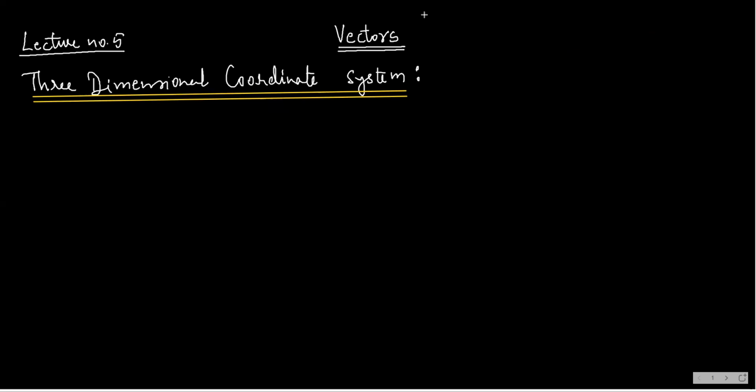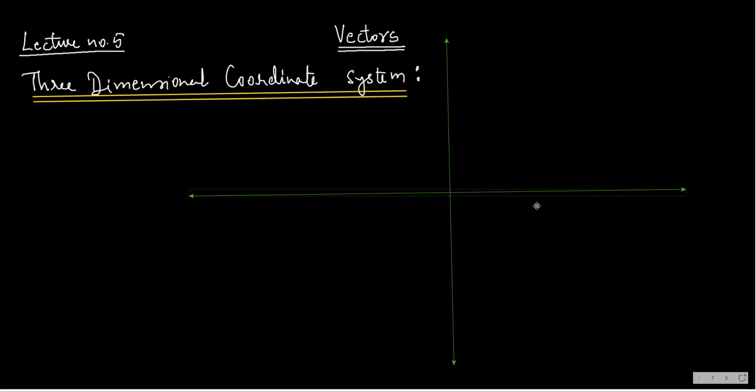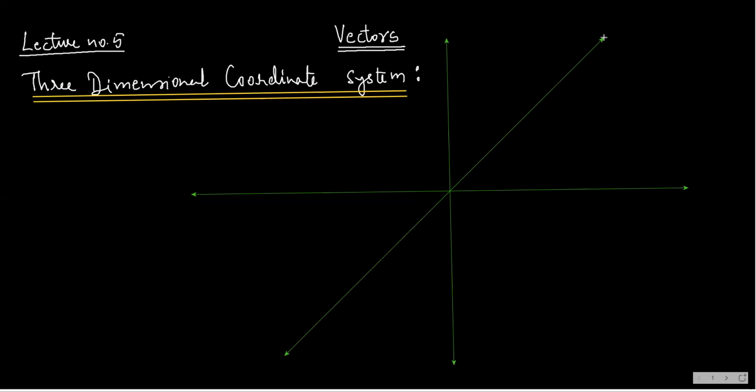I take the first one as this coordinate axis. Here I have the second coordinate axis. And the third coordinate axis is this. You will have to wait a while to get the actual vision of how this is 3D.